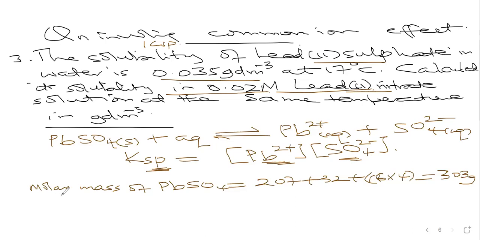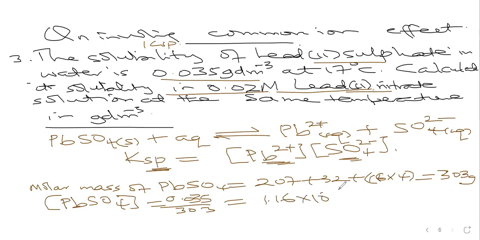So what is our molar concentration of lead sulfate, which is the moles in 1 liter? That will be 0.035 over 303, which will give me 1.16 times 10 to the power -4 molar.